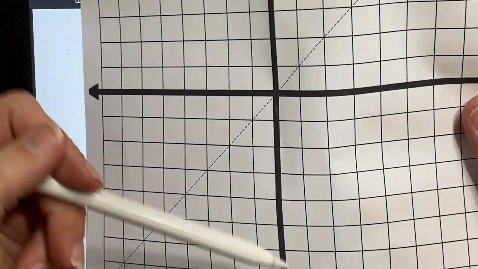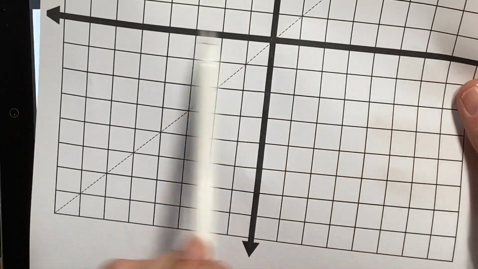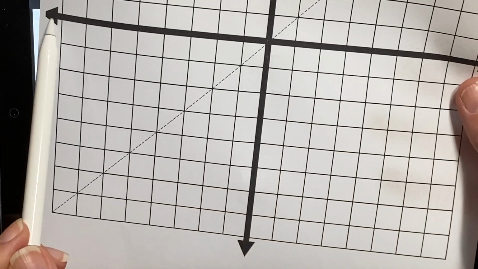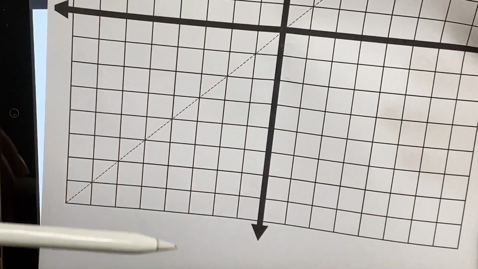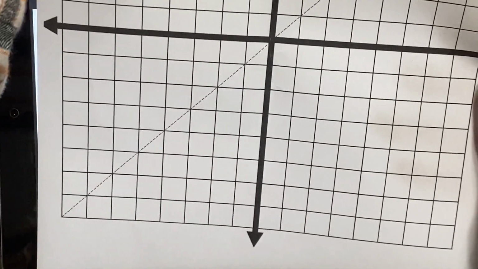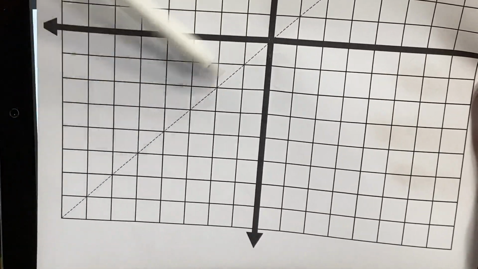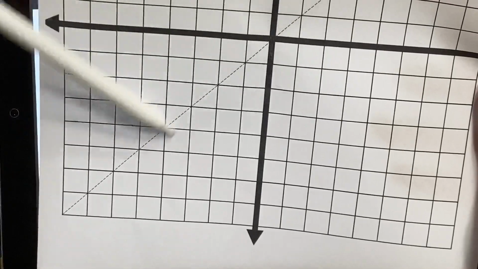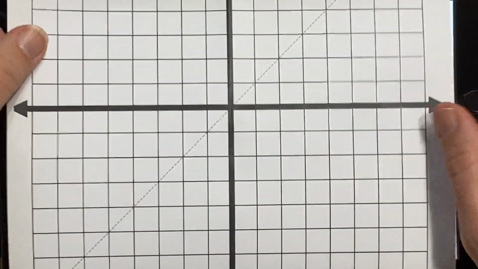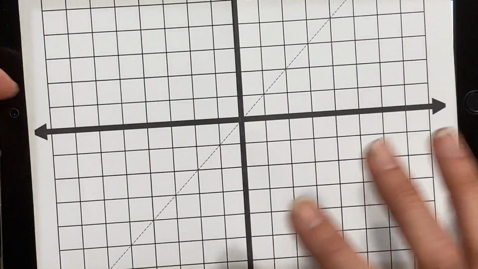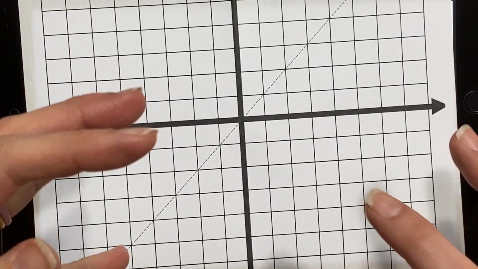And that works great when we are only dealing with numbers along our number line. Now that we are dealing with our entire coordinate plane, our mirror line of reflection is now this diagonal line, y equals x. So that is going to change how things move on the page.